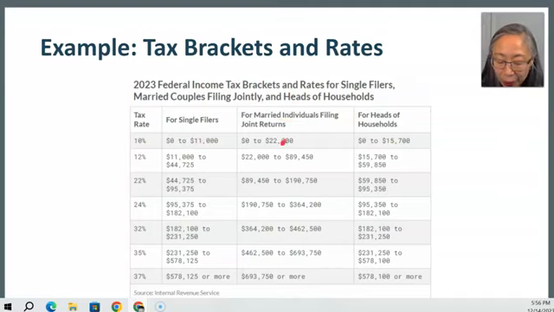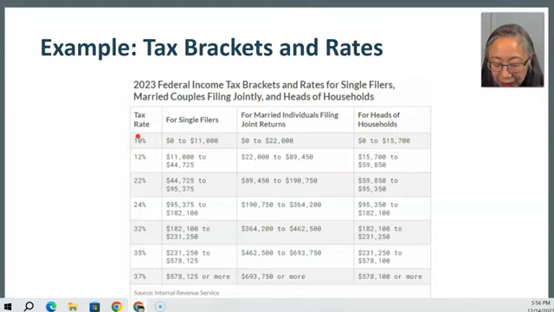Jointly means two people, so 11 times 2 is 22,000. So their first $22,000 for two people would be taxed at 10%. For head of household it is $15,700. So they assume that the head of household has more financial burden. So up to $15,700 for heads of household will be taxed at 10%.